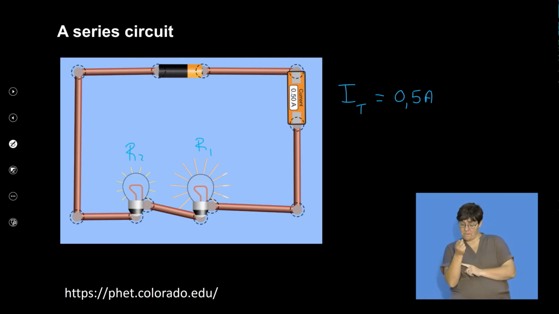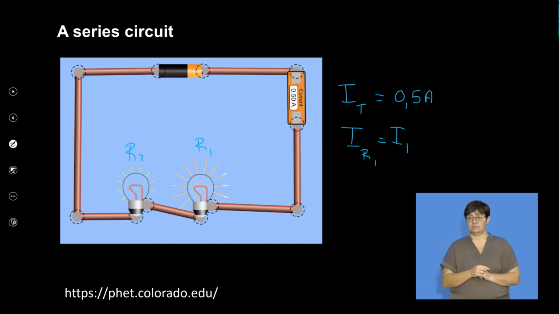So this light bulb offers resistance to the circuit. In other words, the two are connected in series, meaning that the amount of current that passes through R1 is equal to the current that passes through R2, which is also equal to the total current in the circuit. Okay, so this is a simple series circuit.